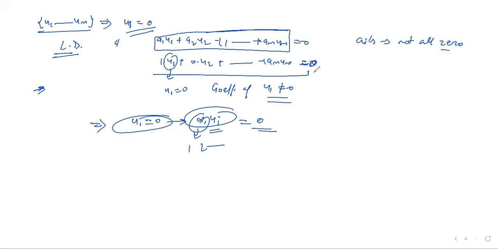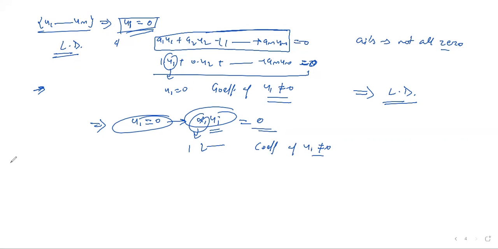That's why I have said that a set of vectors which has one vector as 0 would be linearly dependent, because that zero vector can be assigned any scalar, 1, 2 or any scalar, so the coefficient of this ui is not equal to 0.